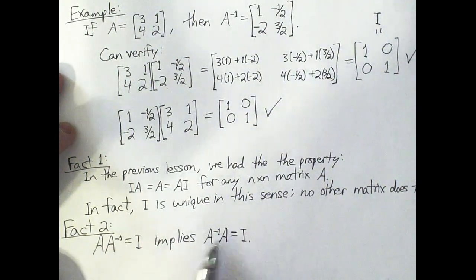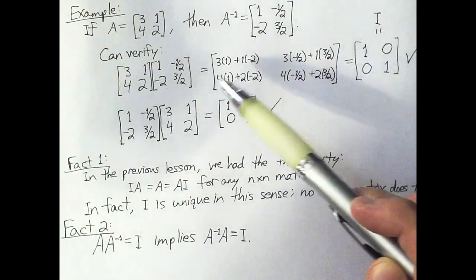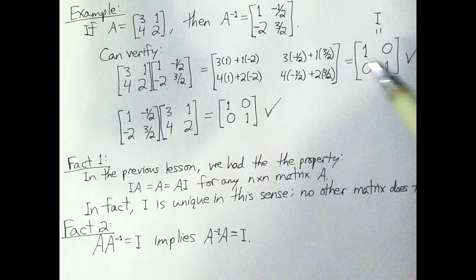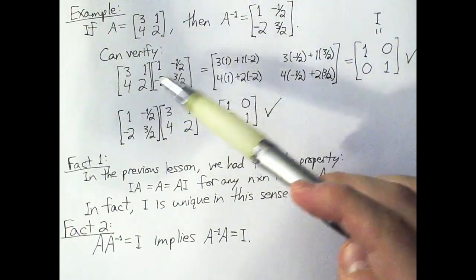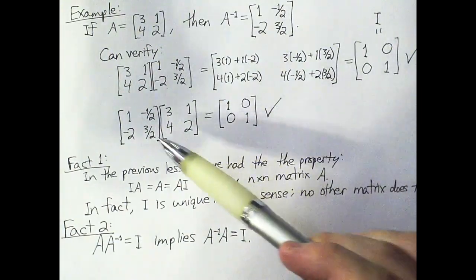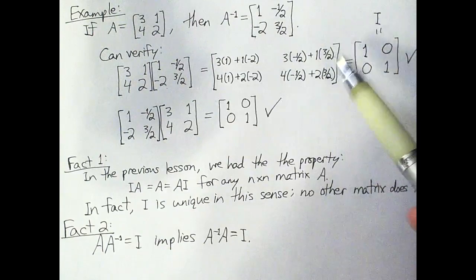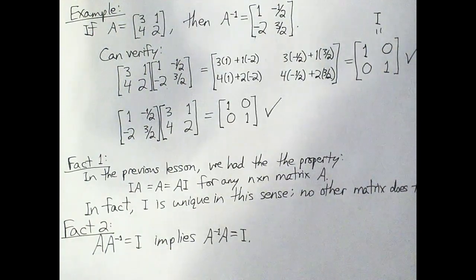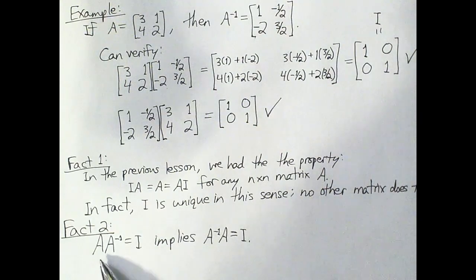That if the first one is true, then the second one is also true. And that means that up here, when I did this work to check whether this is actually an identity matrix, I checked both directions. I did A times A inverse, I found I. I did A inverse times A, I found I. But in fact, we only had to check the first one. Because if the first one is true, it's going to automatically imply the second one.